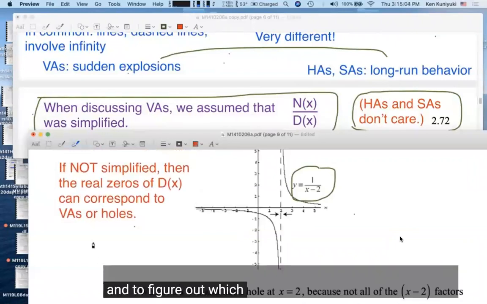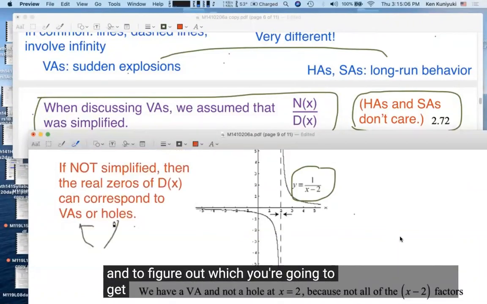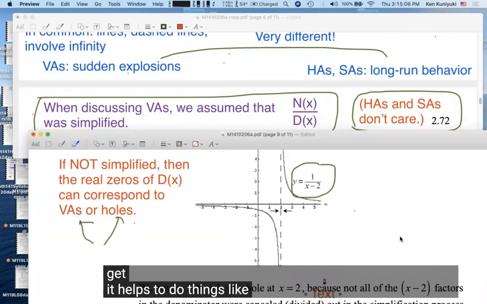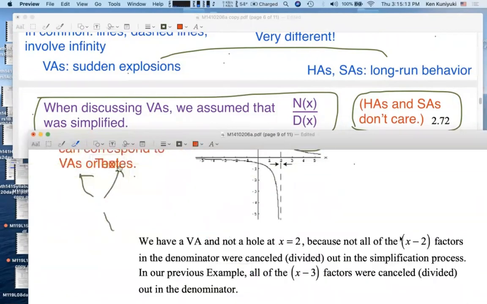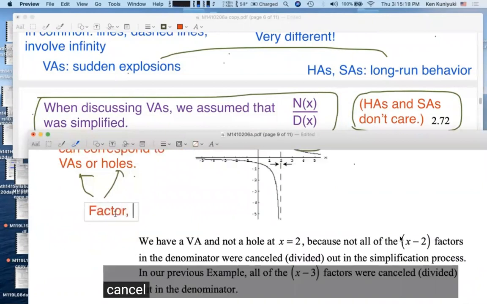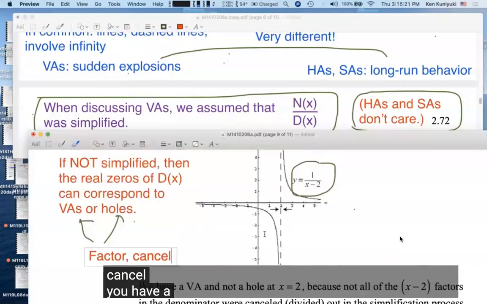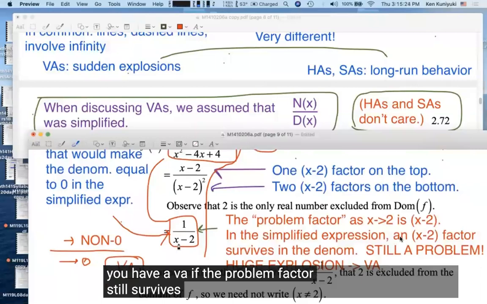To figure out which you're going to get, it helps to do things like factor and cancel. You have a VA if the problem factor still survives in the bottom.